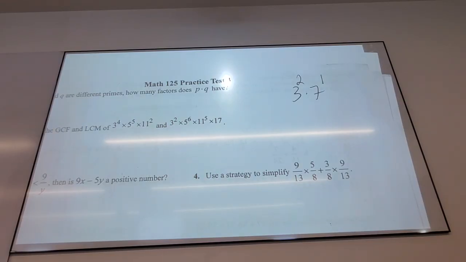We had a little thing we could do. Anybody? How do you tell how many? Multiply the exponents, not directly.